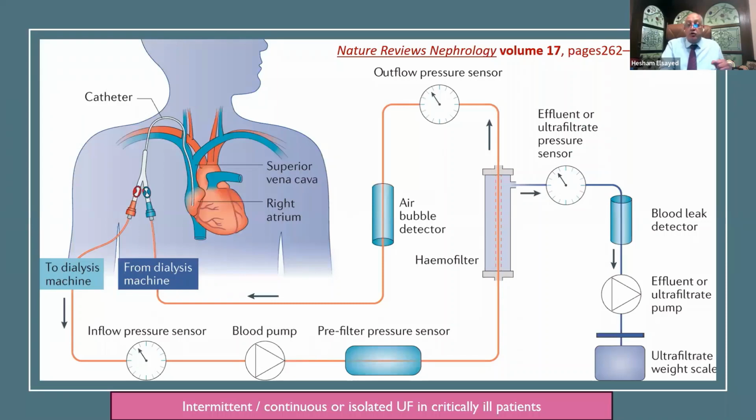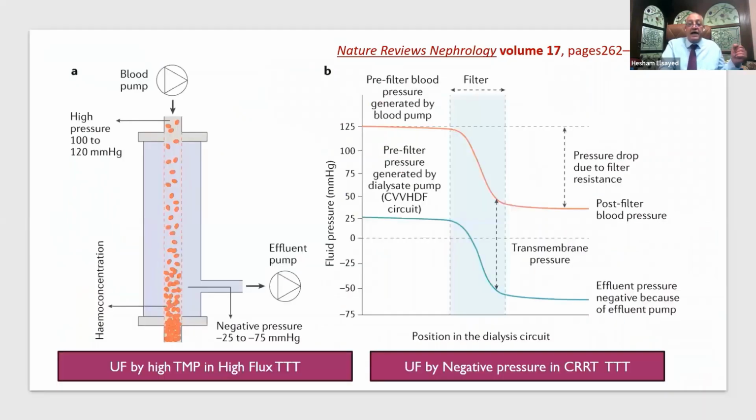So the intermittent, continuous or isolated ultrafiltration in critically ill patients, we know that it is called sequential ultrafiltration, either by blood circuit alone, needing the transmembrane pressure, keeping dripping of the dialysate outside as the ultrafiltrate, or by negative ultrafiltration, and this is especially used in dialysis-related hemodialysis or CRRT. And here is the ultrafiltration by negative pressure in CRRT treatment.